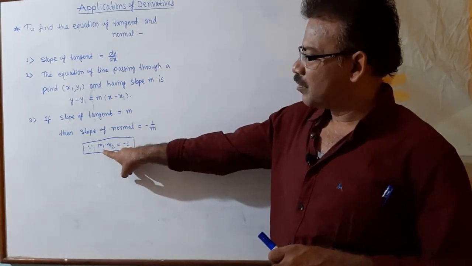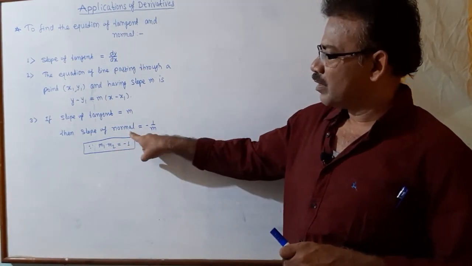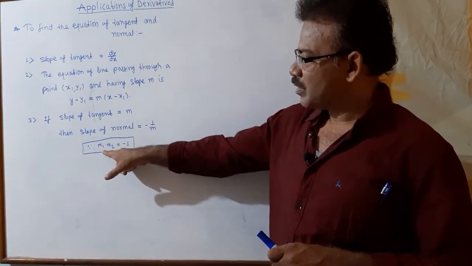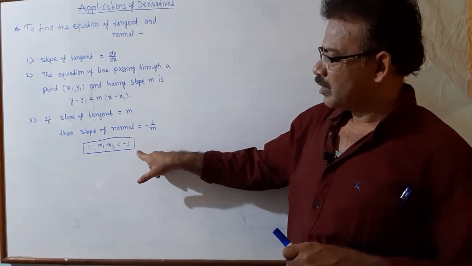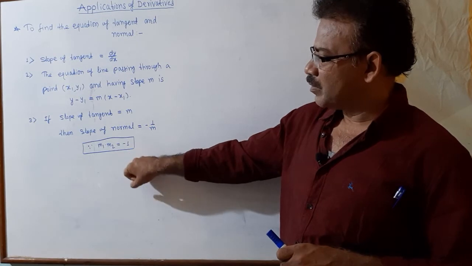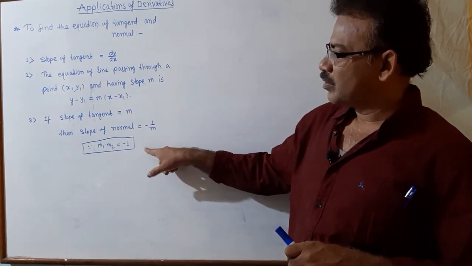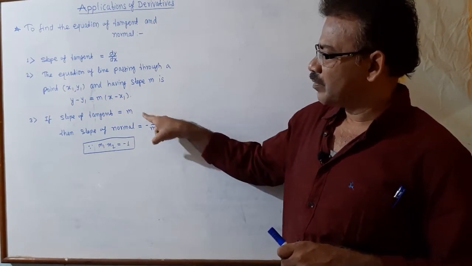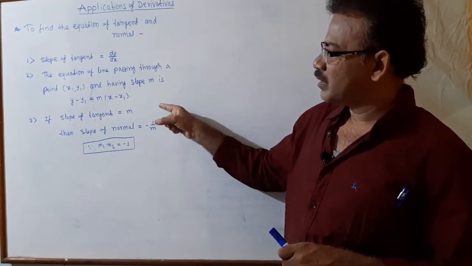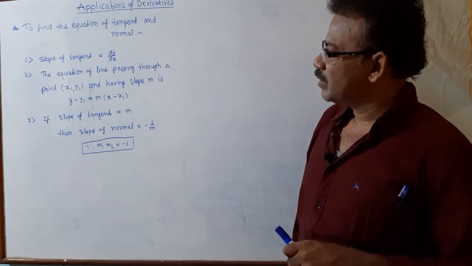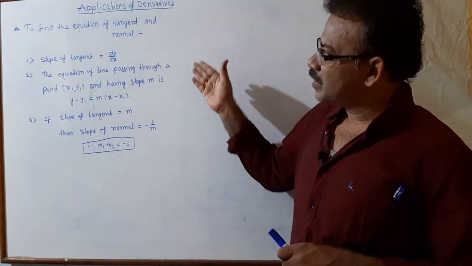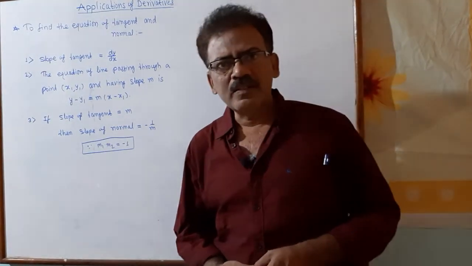If m1 is the slope of tangent and m2 is the slope of normal, then the product of their slopes must be minus 1. So if we know the slope of tangent m, we can find the slope of normal: take the minus sign and the reciprocal of that slope. So with the help of these three things, we can find the equation of tangent and normal.